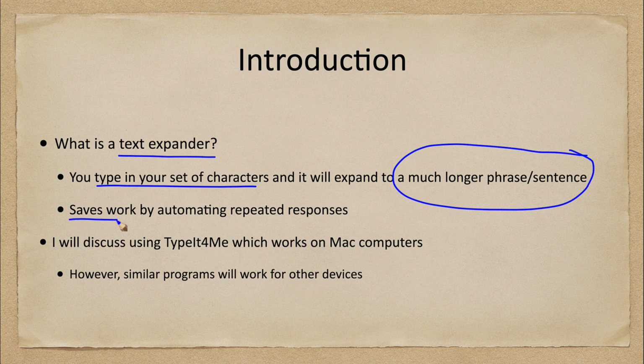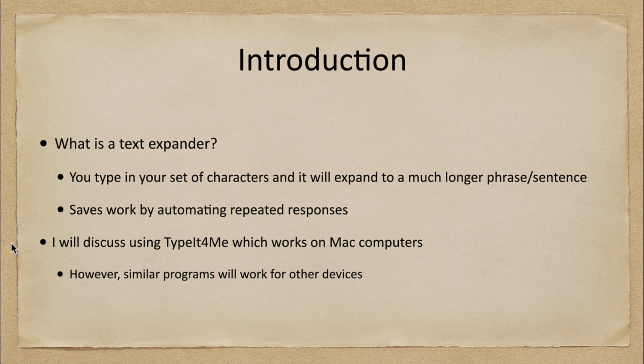This is a way to save work by automating repeated responses, things that you say over and over again. They can automatically be set to a very specific code that you then put in. The one I use for Mac computers is called Type It For Me, although there are other similar things that work on other systems as well.